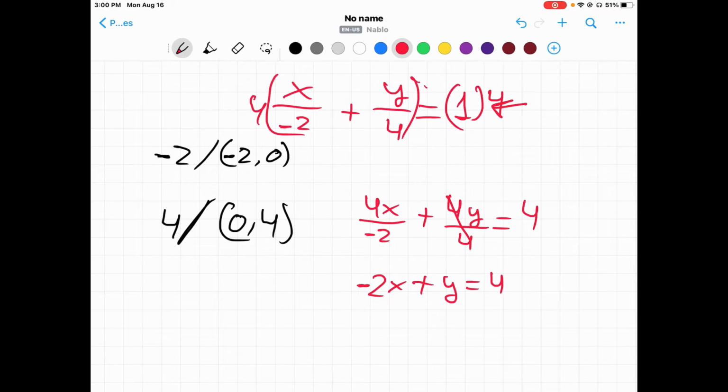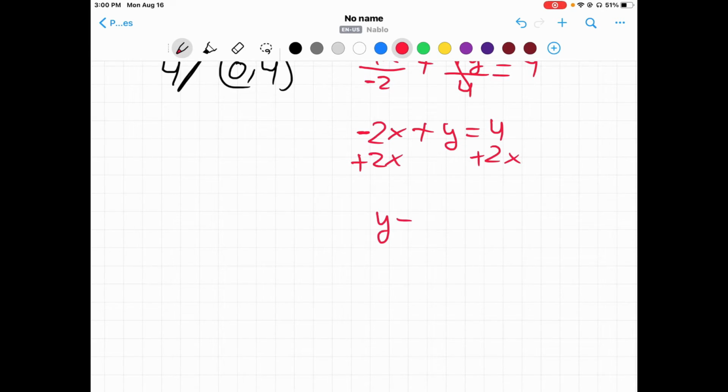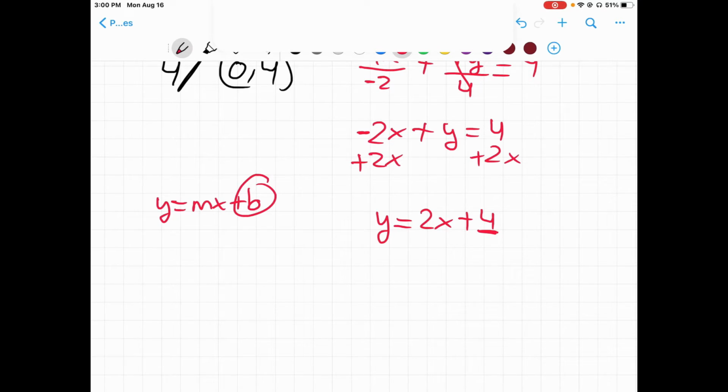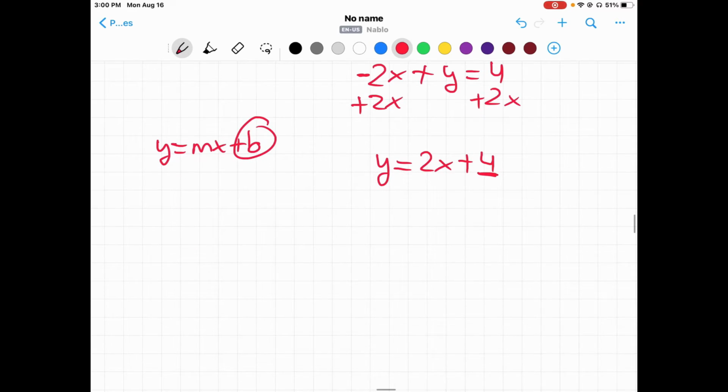Now we're going to add 2x to both sides to isolate the y, and we get y equals 2x plus 4. And remember, in slope-intercept form, which is y equals mx plus b, b is the y-intercept, so it will be 4. So this works with the y-intercept.